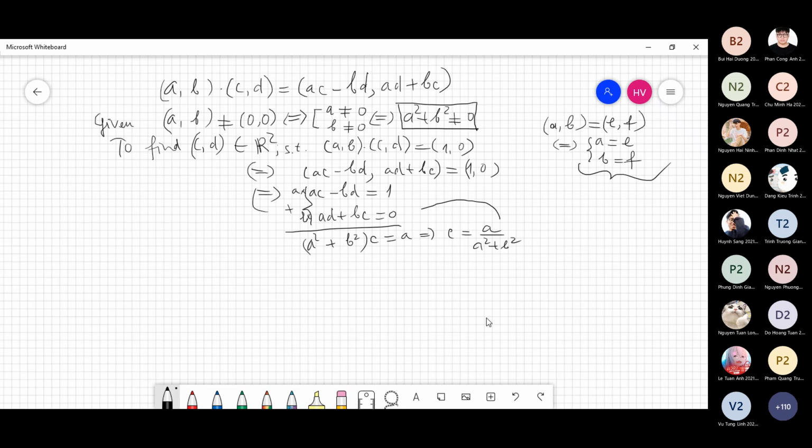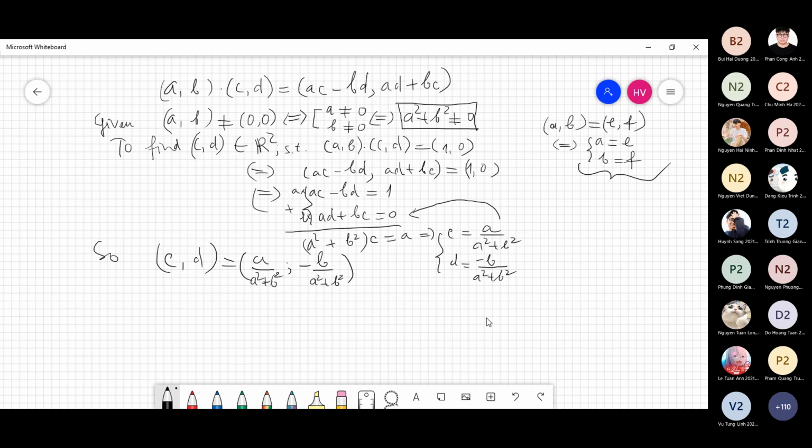Now you replace this here to obtain D. Actually, you obtain minus BC over A, and after you divide by A, you obtain minus B over A squared plus B squared. So altogether, (C, D) equal A over A squared plus B squared, and then minus B over A squared plus B squared.